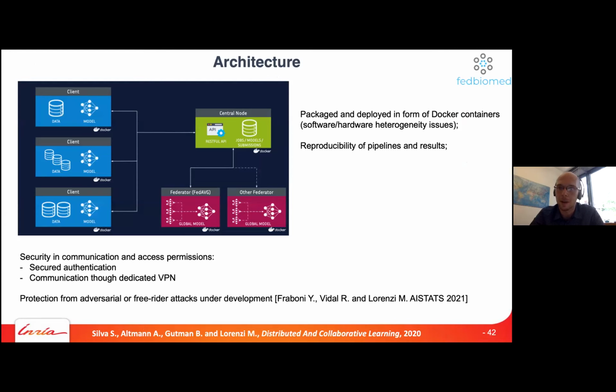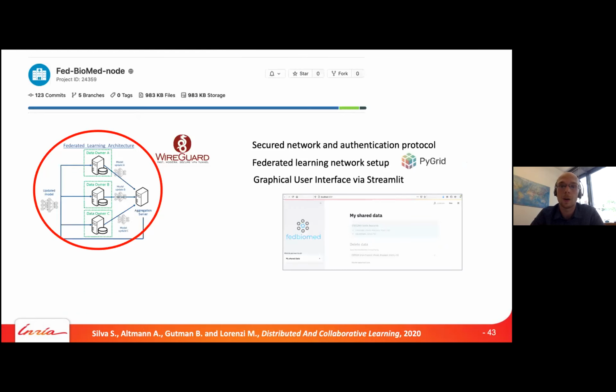So we have an architecture, server, nodes, communication protocols, and so on. We have VPNs for the network part. We are designing user interfaces because in the hospital, they don't need to waste time working with command lines and so on.